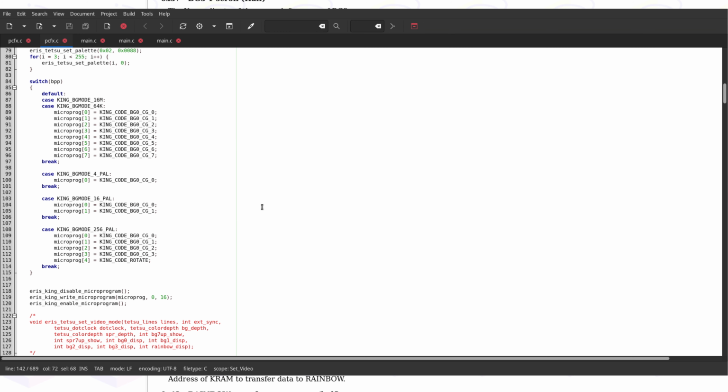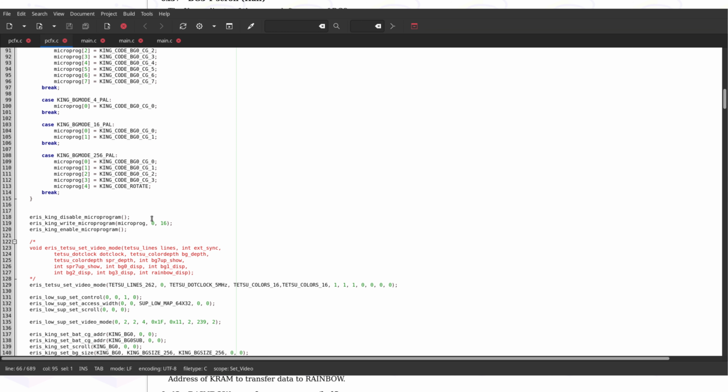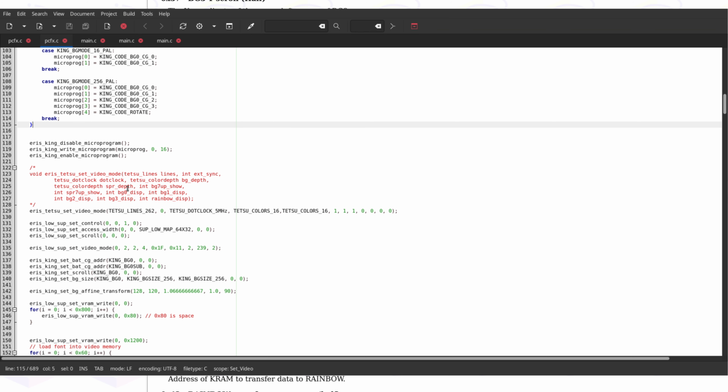So as a reminder, if you want to use rotation or zooming, you need to set the background priority bit to 1, and this is mandatory, otherwise it's not going to work. Then in your microcode, that doesn't seem to be strictly required, but you need to set the King code rotate somewhere in your microcode.